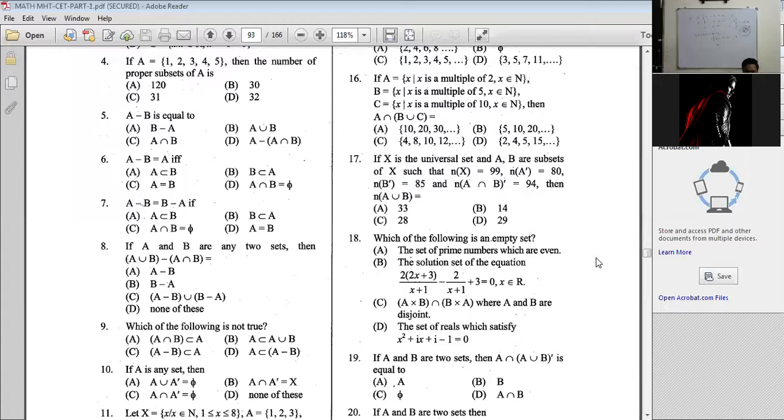X is the universal set and A, B are subsets of X. Here n of X is given as 99, the total number of elements in the universal set. n of A dash is given as 80. n of B dash is given as 85.